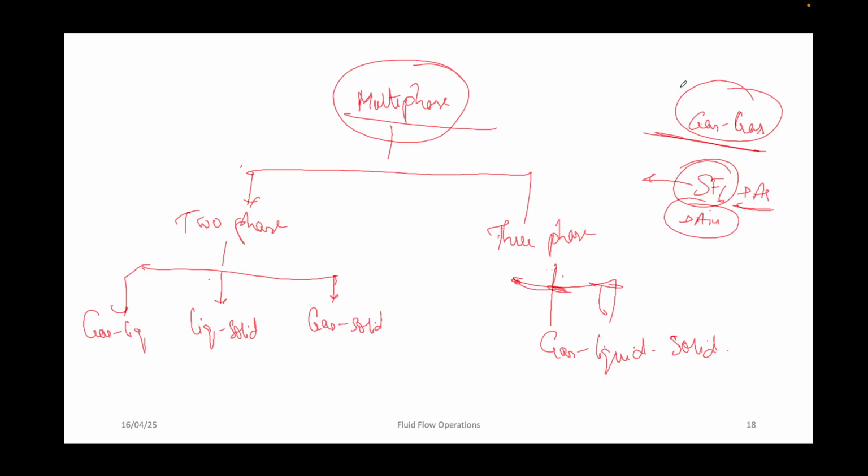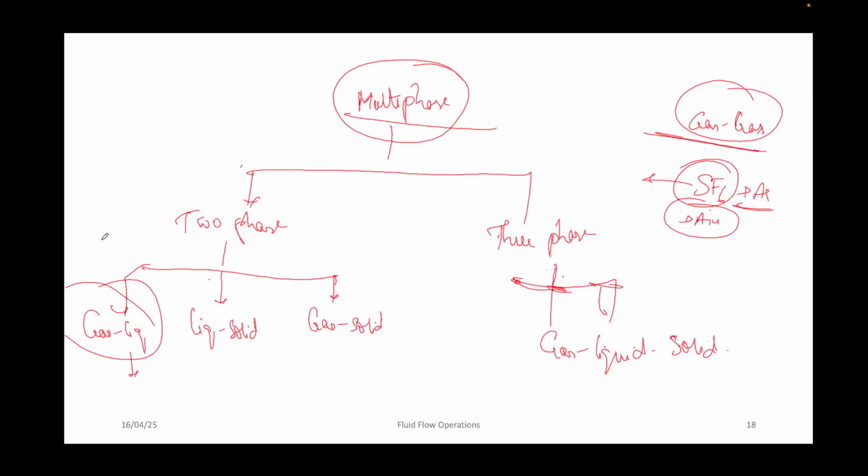Okay, and then we have the gas-liquid system. This is one important multi-phase flow that we'll be coming across in industries. So can you give me one important example for gas-liquid operations? Any example?